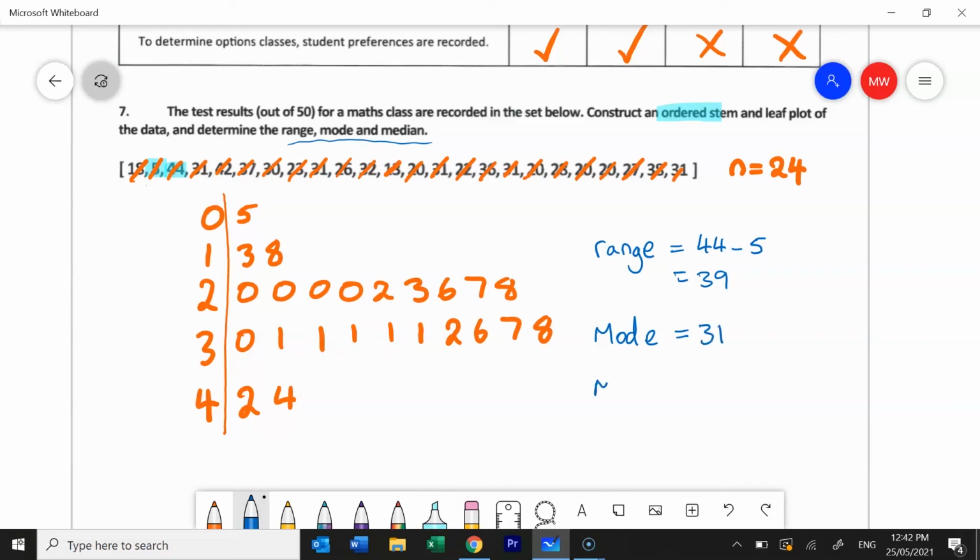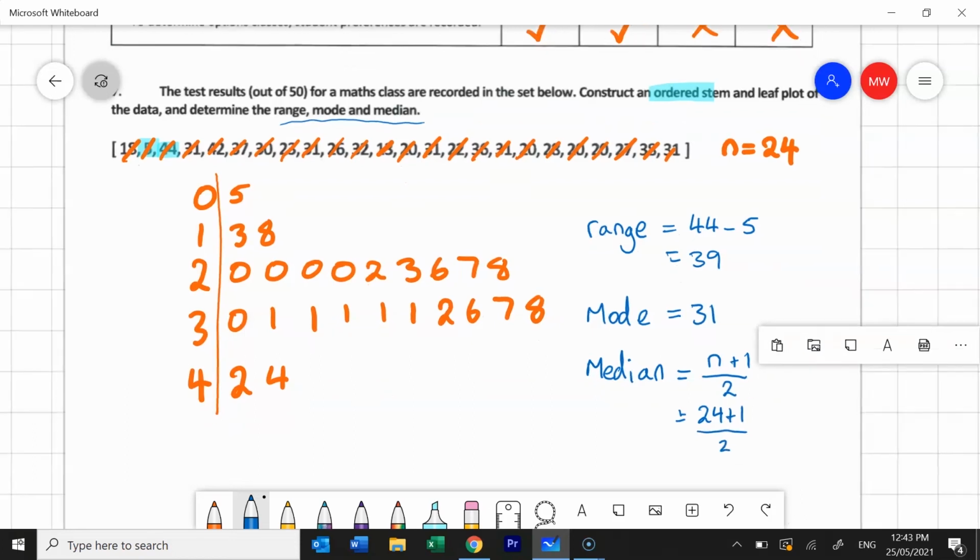And last of all, my median score, which is my middle score, now that I've arranged them all from smallest to largest, can be calculated by the n value plus 1 divided by 2. So that is 24 plus 1 divided by 2.